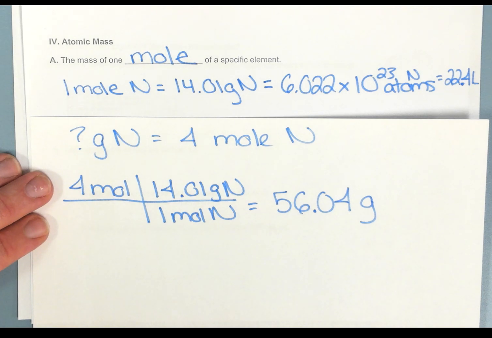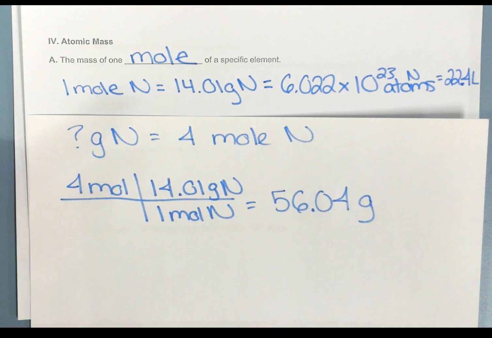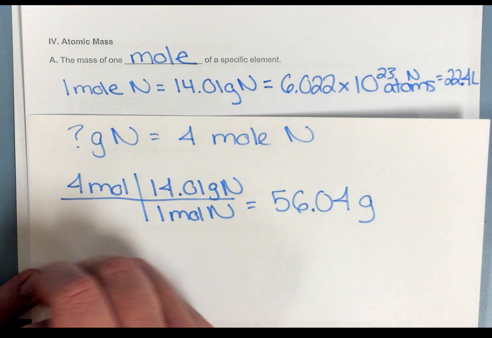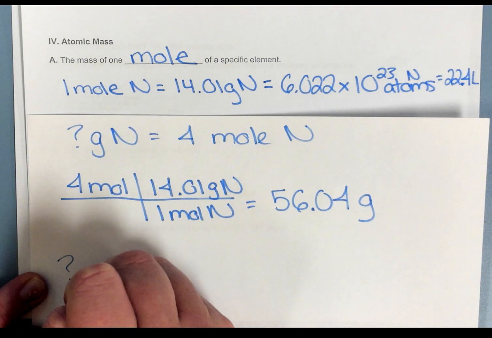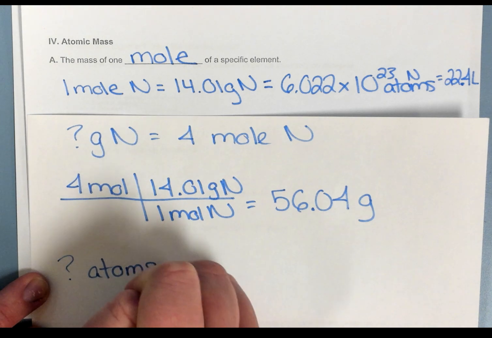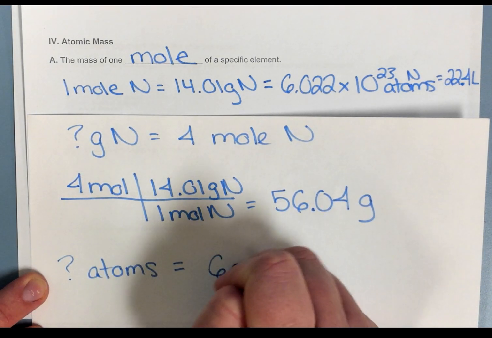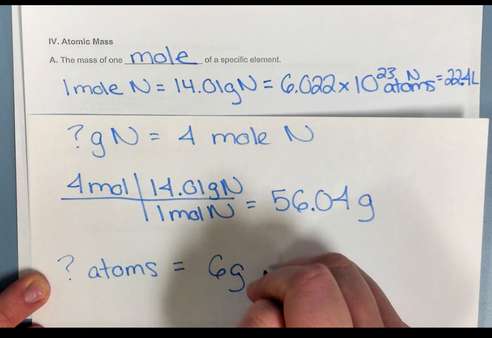Now, sometimes those problems aren't as simple. Sometimes we add a few extra steps. I know, everything I do adds extra steps. I'm sorry. But if I were to ask you how many atoms are in a 6-gram sample of neon.